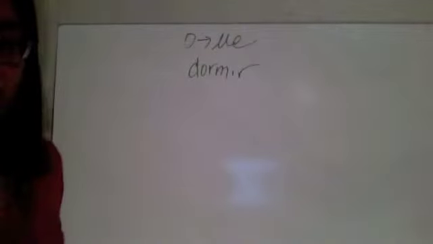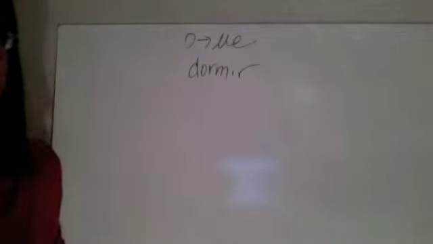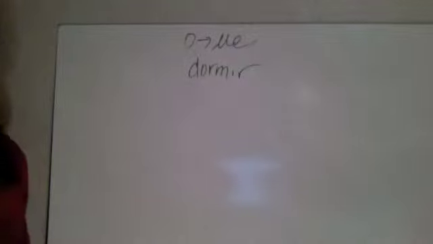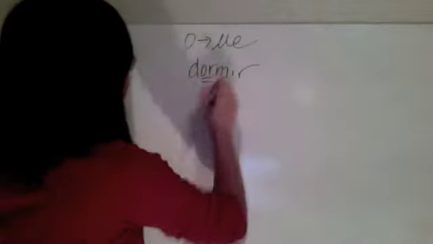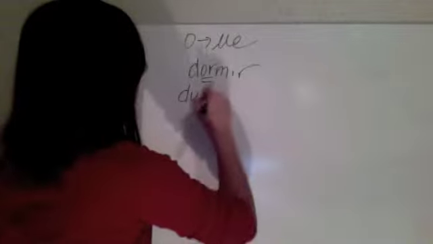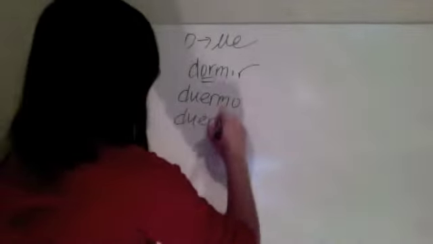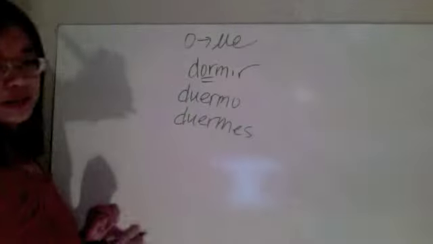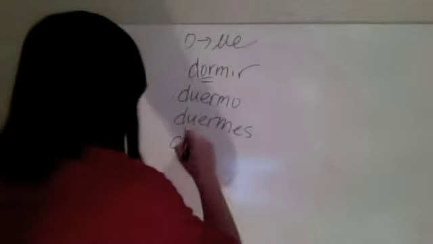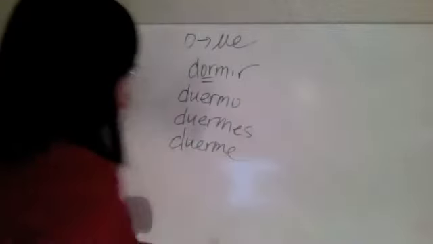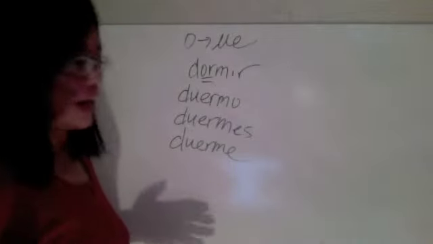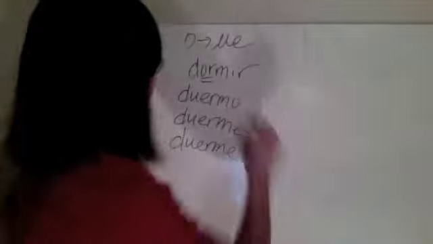Another example for O to UE in present indicative is dormir, to sleep. Let's conjugate it. Here's the O, so yo duermo. Tú duermes. Él, ella, usted duerme. Nosotros, again, no stem change. O stays O, so dormimos.